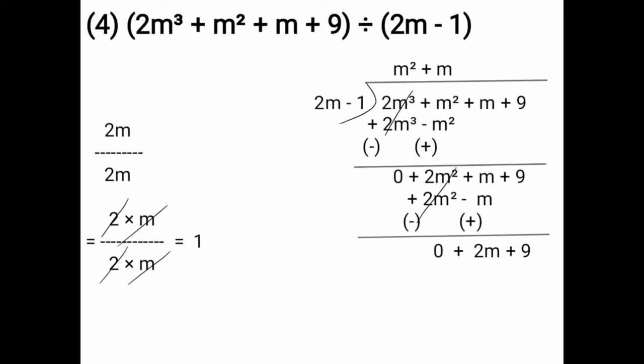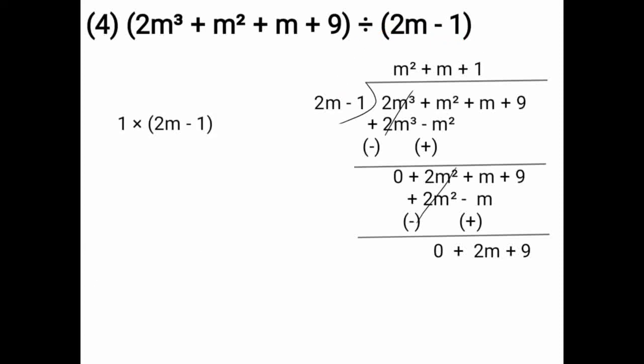After dividing the third term by 2m, you are getting the quotient 1. So the plus 1 you have to write here. Now you have to multiply 1 into 2m minus 1 and use the formula a into b plus c. Any number multiplied by 1 is the same answer. If you multiply this, 2m minus 1, ones are 2m minus 1.